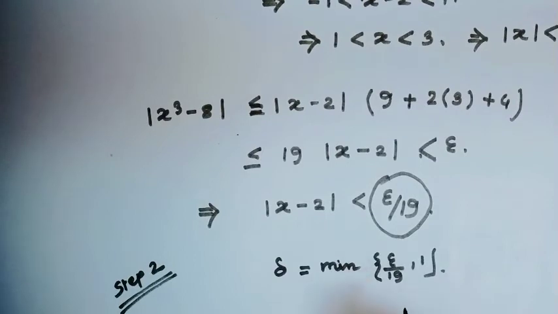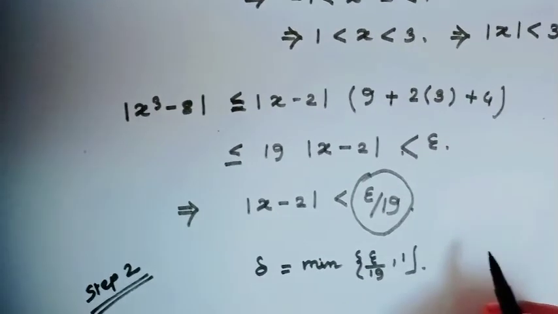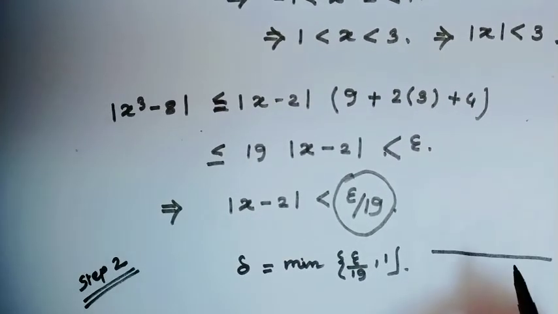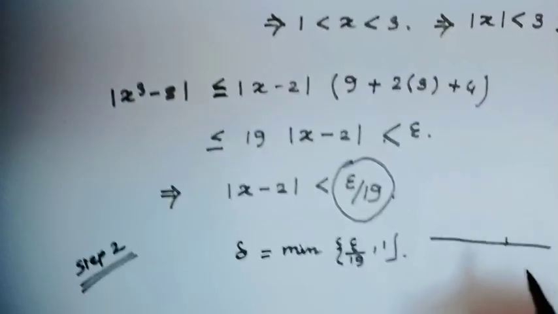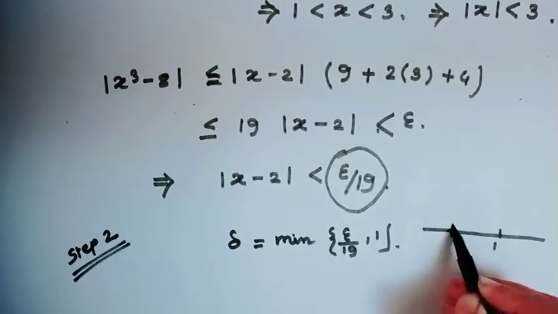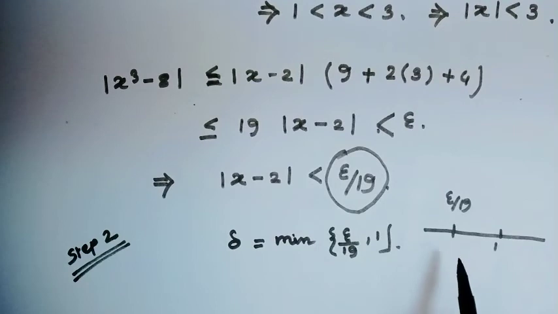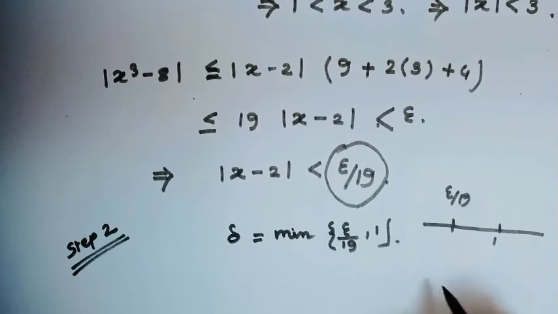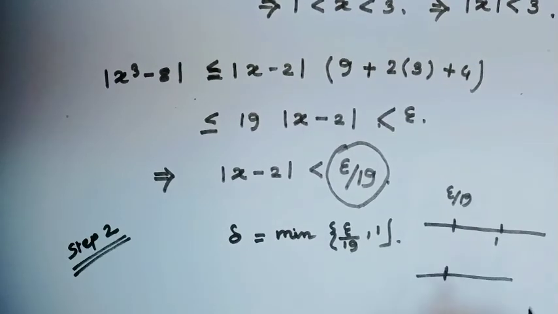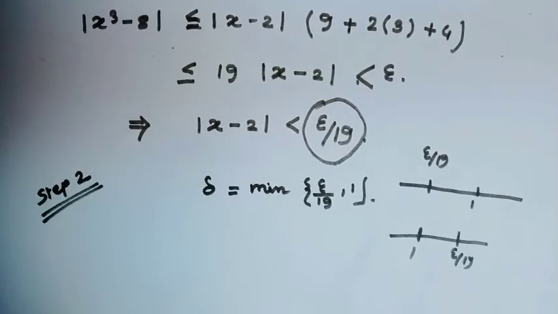Have you understood? If 1 is here and epsilon over 19 here, then the minimum will be epsilon over 19. But if 1 is here and epsilon over 19 here, then the minimum will be 1.